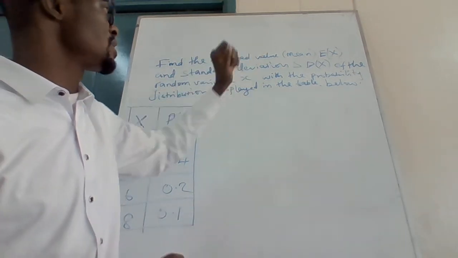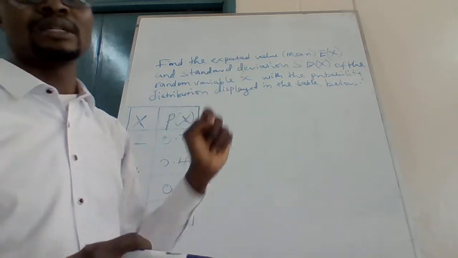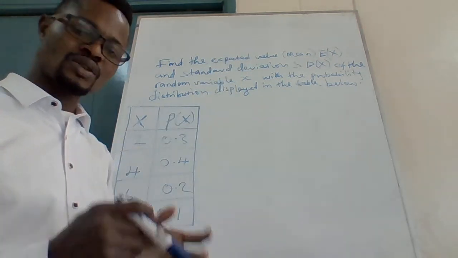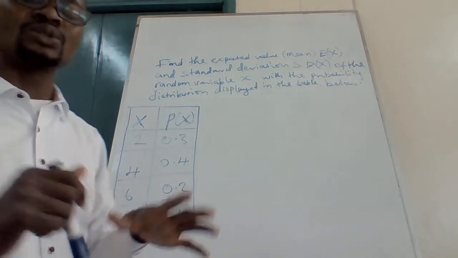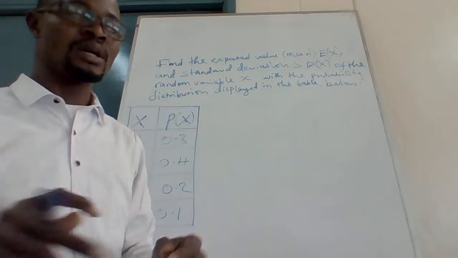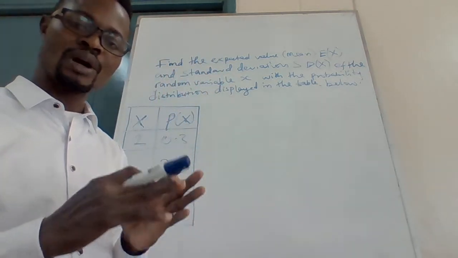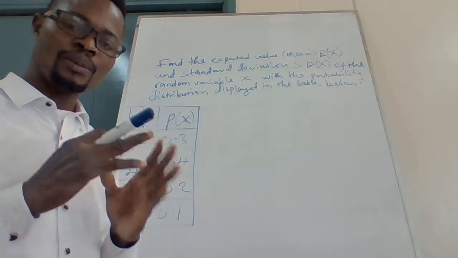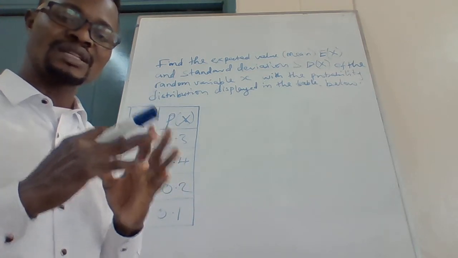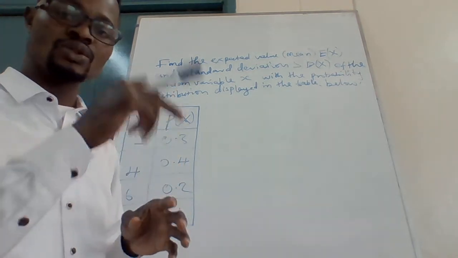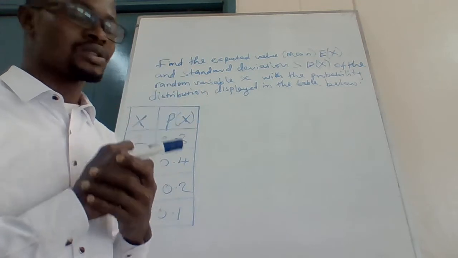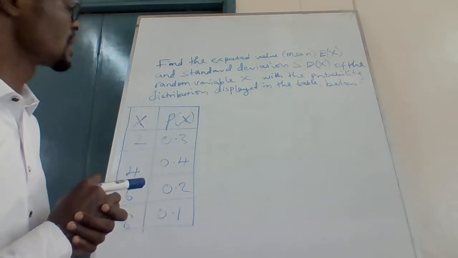Then we find the standard deviation. But for us to find a standard deviation, we need to find variance. So that's why I say it is a long one, because the formula to find the standard deviation is the square root of the variance. So we hope to see how that works.